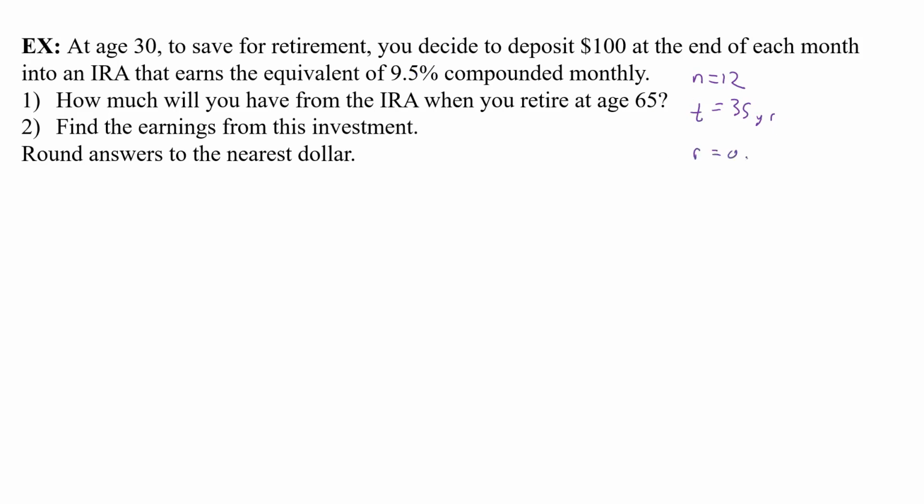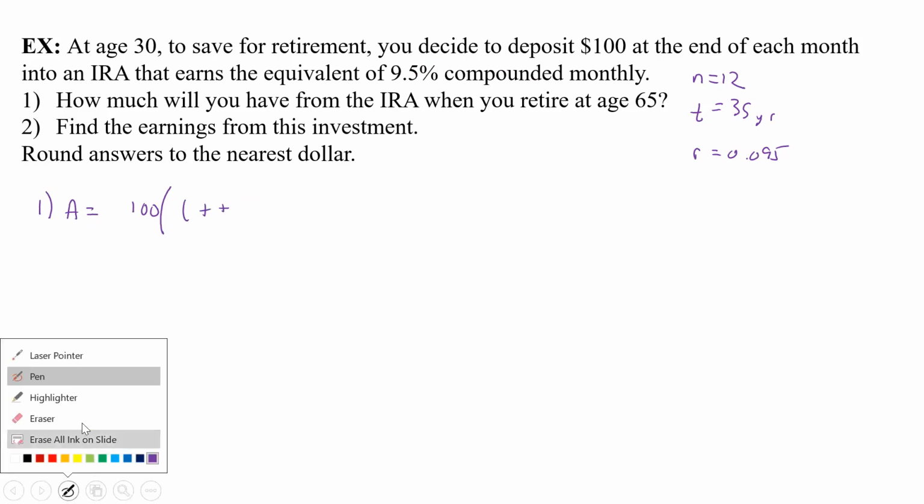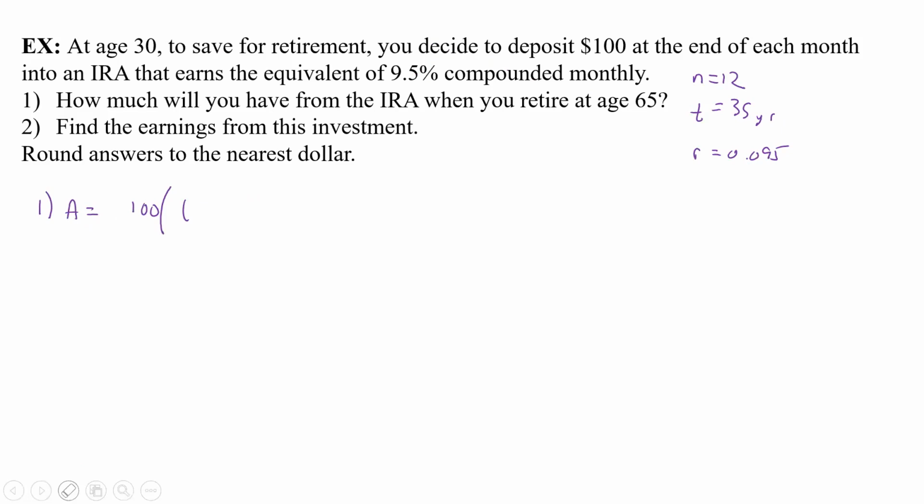Okay, so we've got 9.5%, so that's going to be a rate of 0.095, because we have to put it in decimal form. Now we just have to plug all of that into our future value formula. We're going to plug in $100 at the end of each period, and then we'll have 1 plus 0.095 over 12 for 12 compounding periods, raised to 12 times the number of years, which was 35.